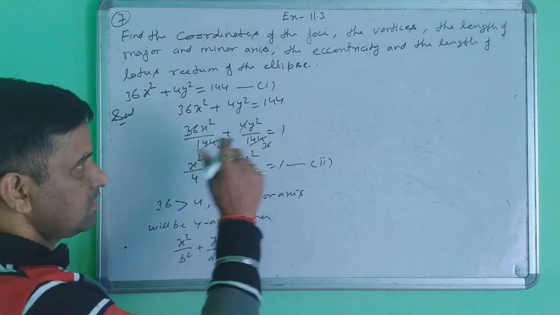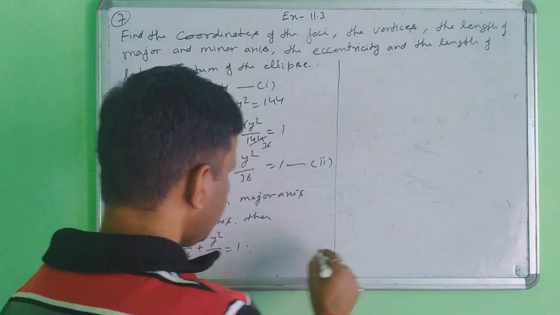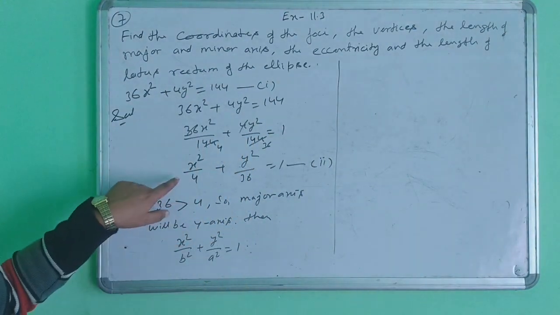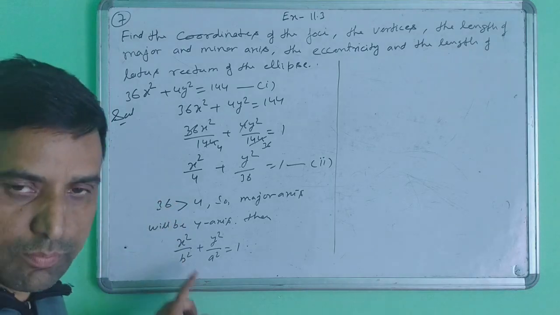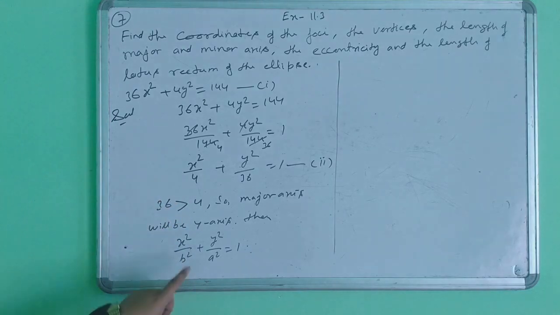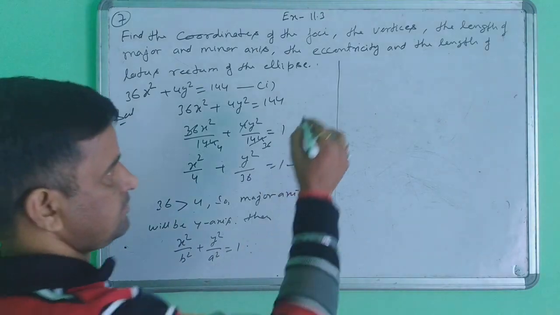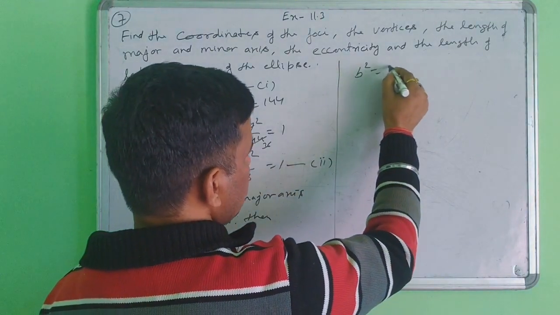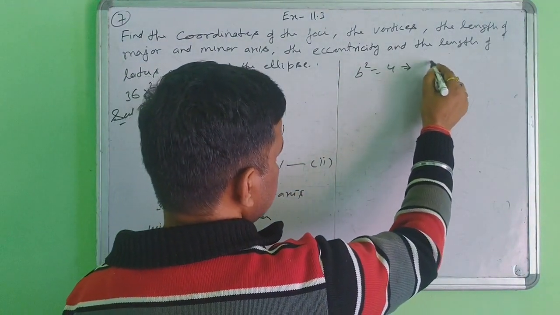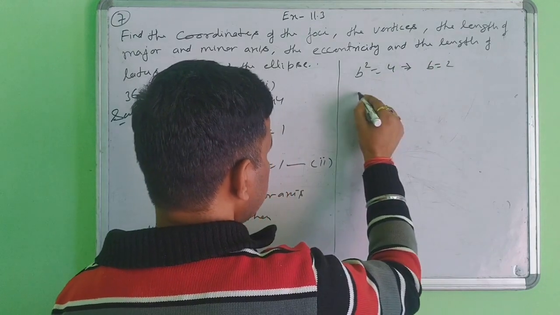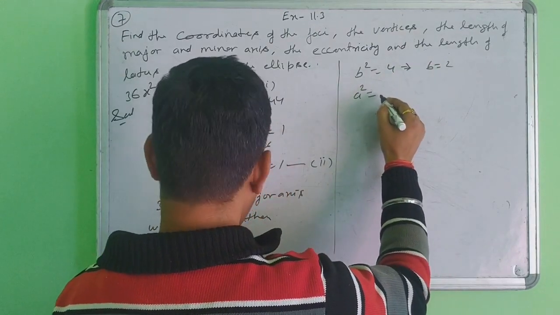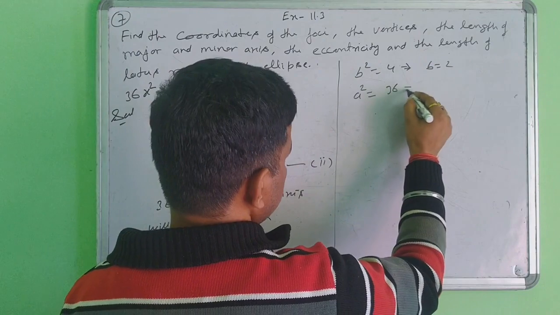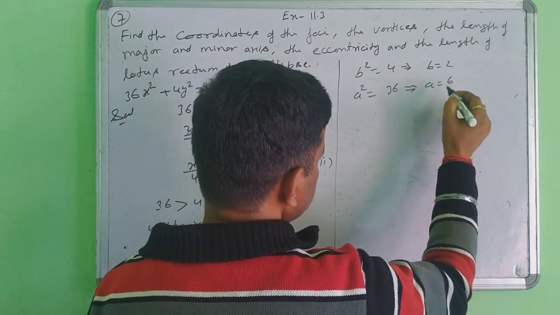Then you will equate the equation with the standard equation of the ellipse. What is the value of b square here? b square is 4, so b equals 2, and similarly a square is 36, so a is 6.